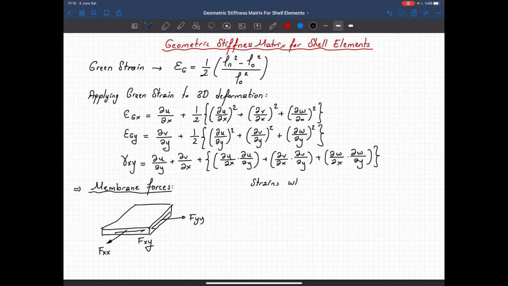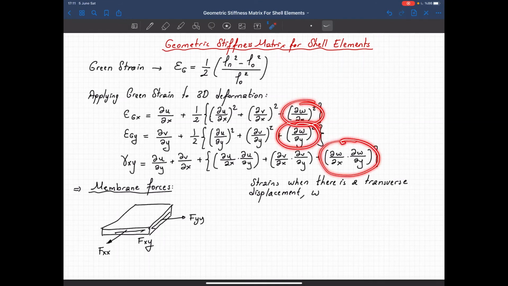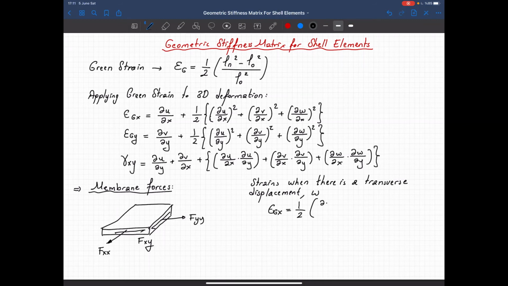When there is a transverse displacement, here I'm just considering the nonlinearity due to the transverse displacement W. So I'm just taking a look at only these terms, okay, the same formulation as I used in the beam element. Now in that case, the Green strain is equal to 1 over 2 del W over del X squared.